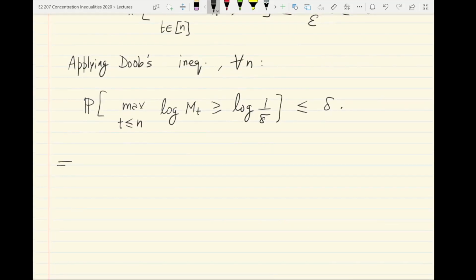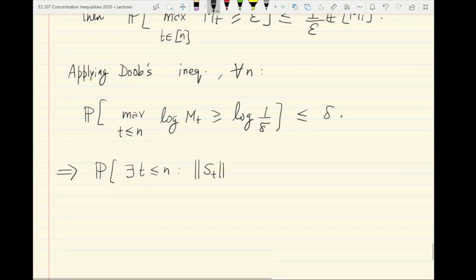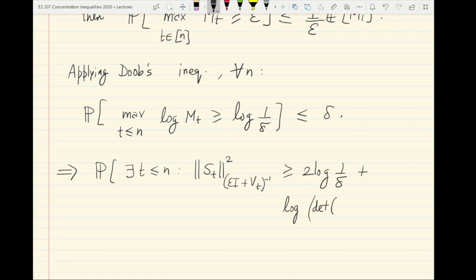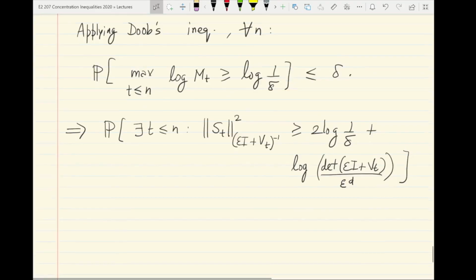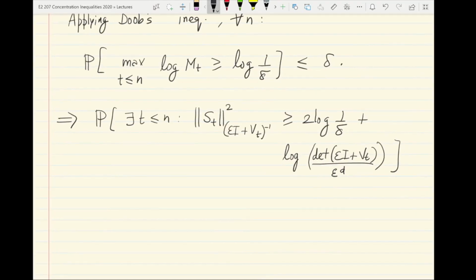And so this means that you can turn this around to say that the probability that there exists t less than or equal to n for which, substituting for log mt, the inverse weighted norm of ST exceeds twice log 1 by delta plus log of the determinant of epsilon I plus Vt by epsilon to the d, is at most delta.